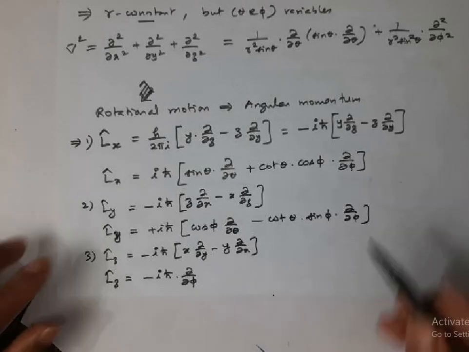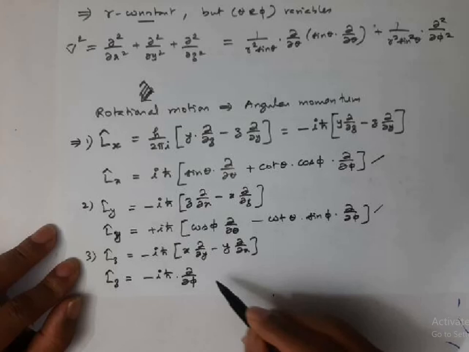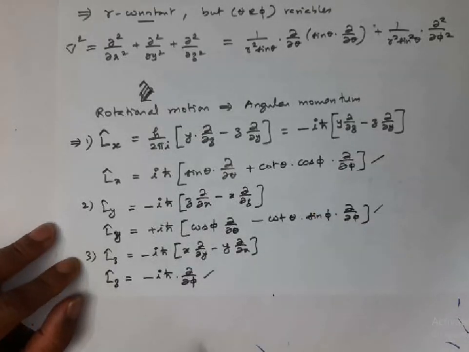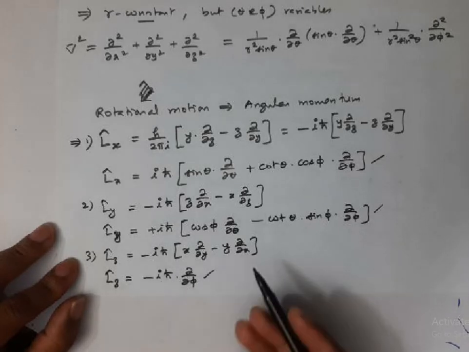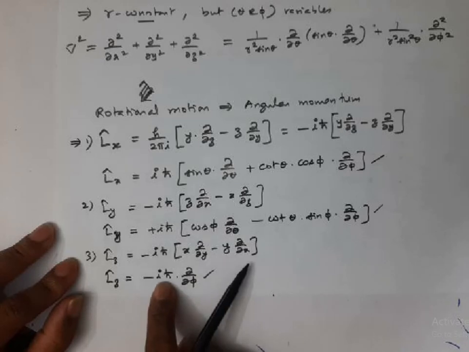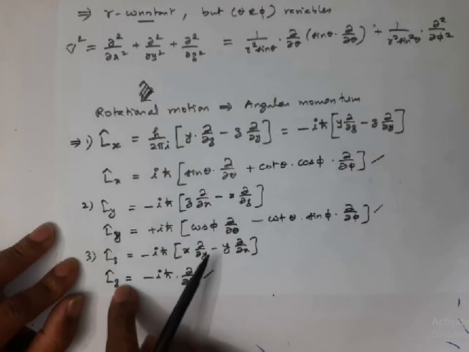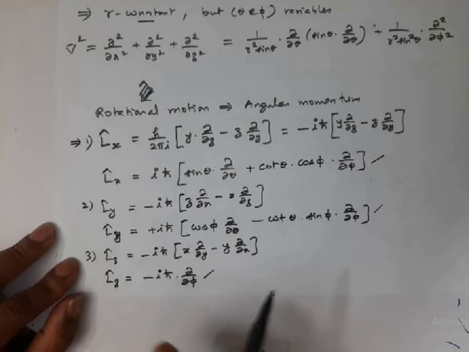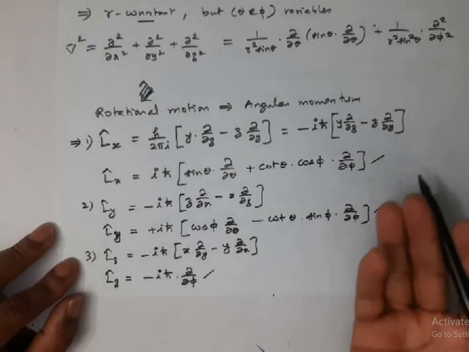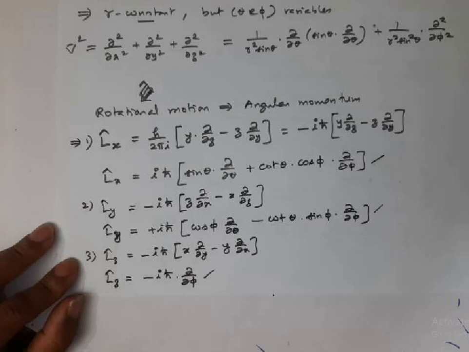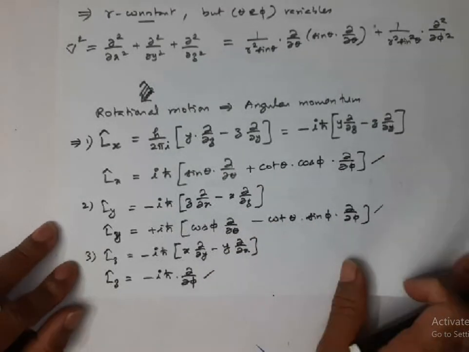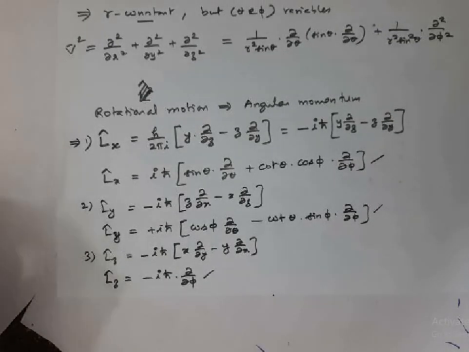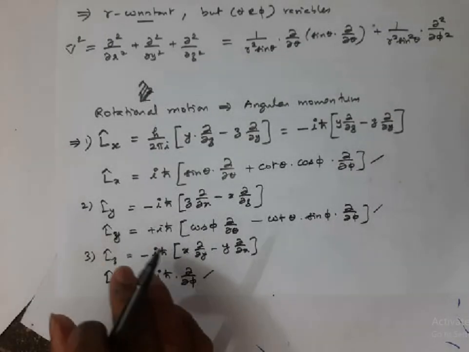If you look at these three operators, Lx, Ly, Lz, Lz is a very simple one: minus i h bar ∂/∂φ. That's why people usually prefer the Lz component, because the operator is simple, so you can easily apply it and find the result very quickly, compared to these two operators. Then let me give a few more pieces of information.